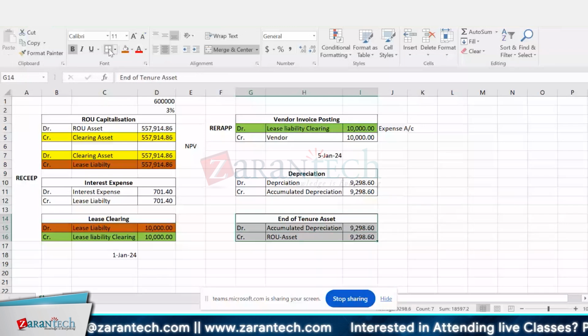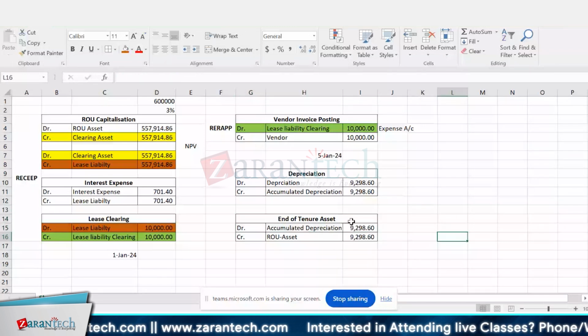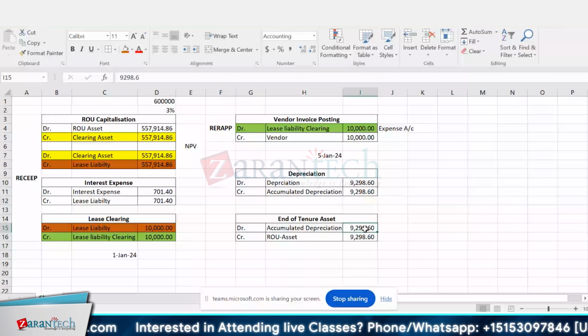Now it was 5 years, right? 5 years, 60 lakhs or 30 lakhs. 557,914. Exactly, so we are taking out the same amount, right? If the asset amount is 557,914.86, how exactly are you going to depreciate or post 6 lakh on the asset?